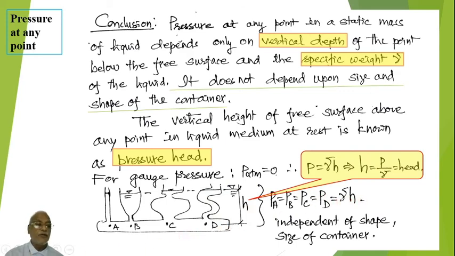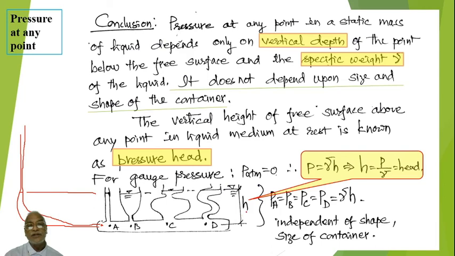Here even if you put a tube which has some shape like this, the liquid will rise here at the same level. So if I want to find the pressure at this point, what I should know is the vertical height from this point to the free surface.